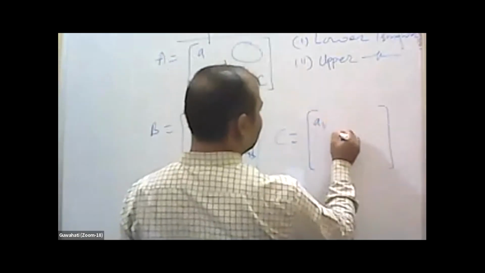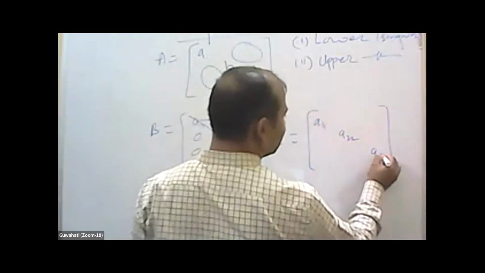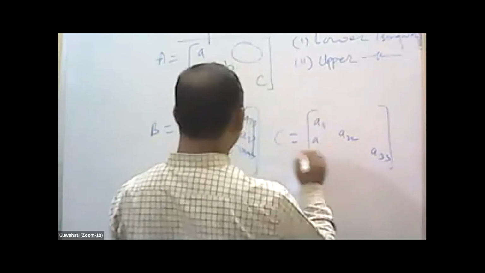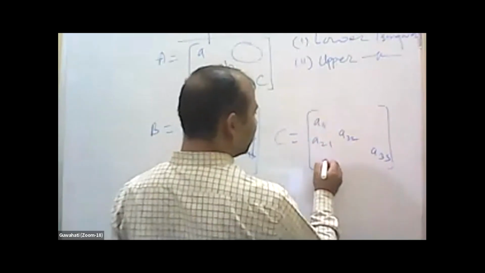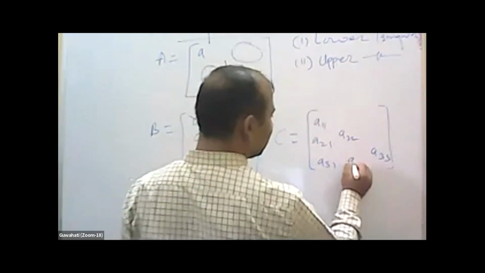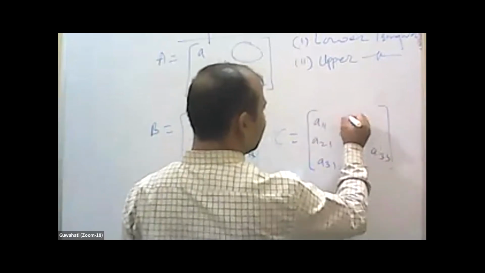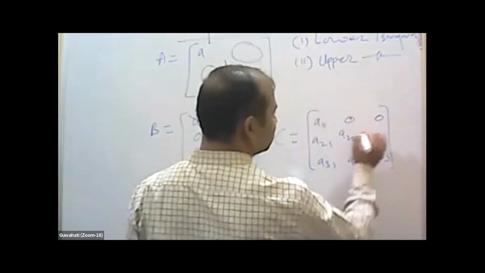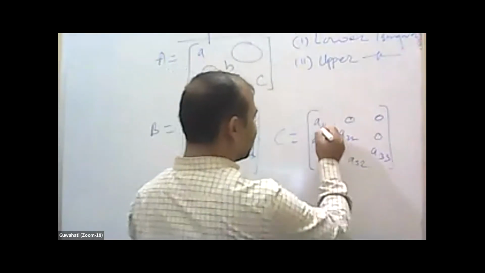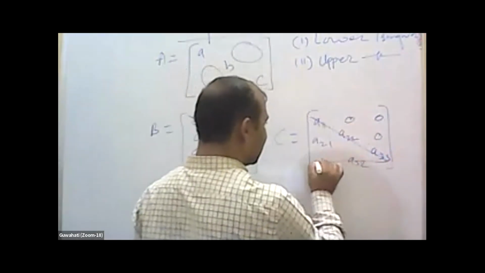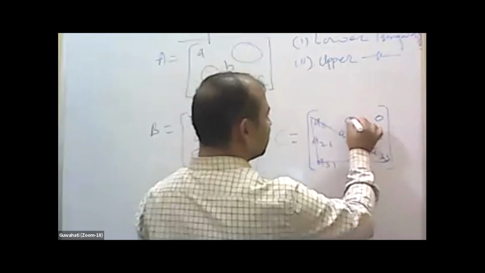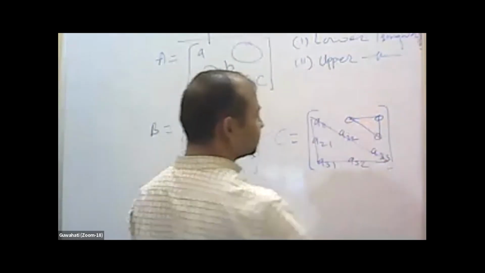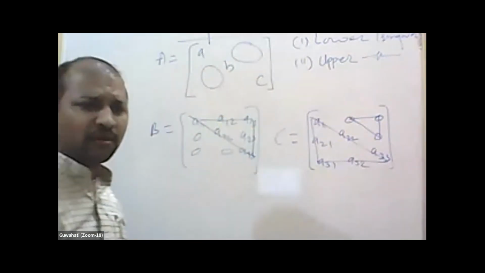Say A11, A22, A33. Here will be A21, A31, A32, and this position is 0, this position 0. Either you can take the triangle of this, or the triangle of that. Okay, no problem.